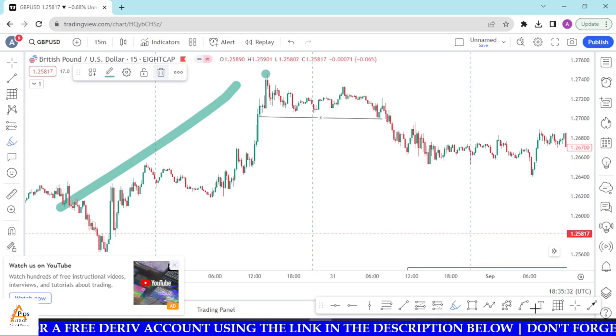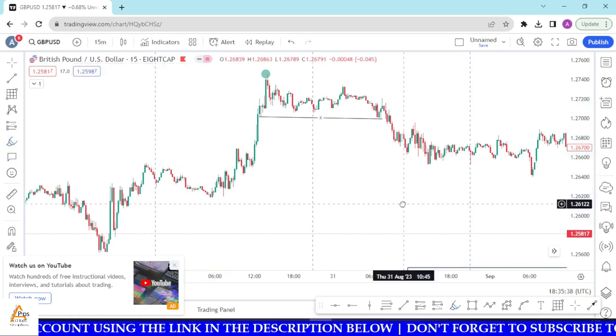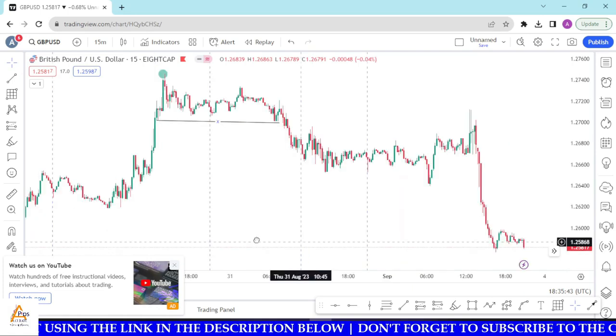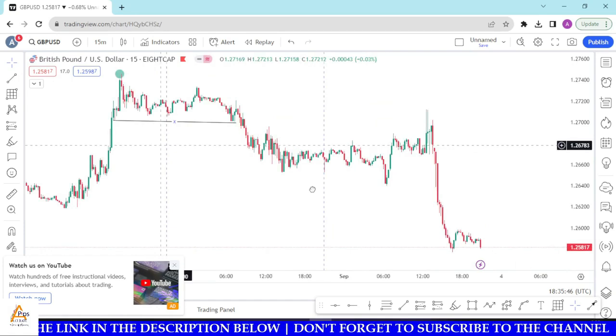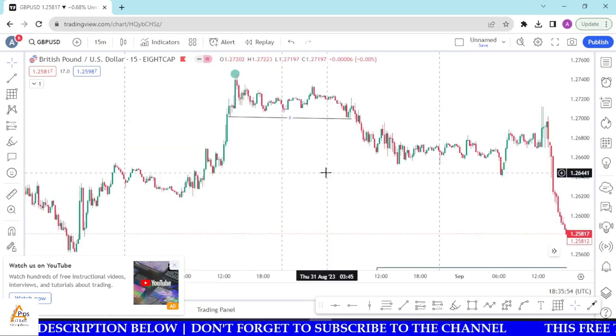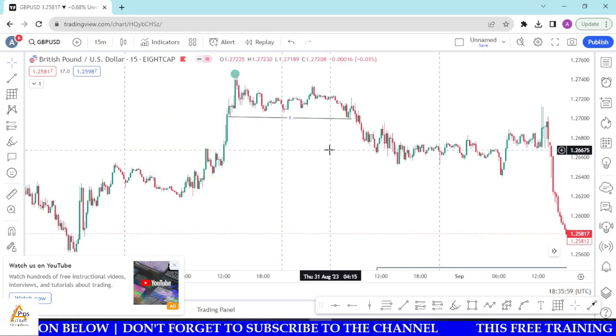Okay, I don't know how my chart is behaving. I think I'll have to record this side for you guys. Please forgive me, because if I don't do that, we cannot finish this thing.